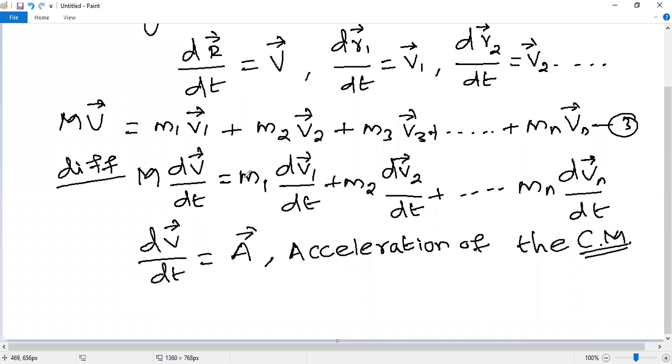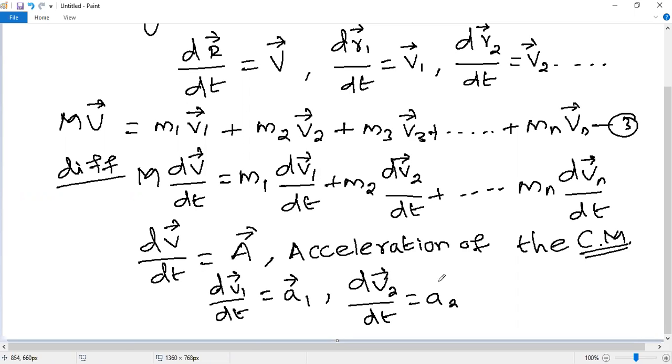Same for the small values, that is, the individual particle values: dv1 vector divided by dt is equal to a1 vector, dv2 divided by dt is equal to a2 vector, up to dvn divided by dt equal to an vector.